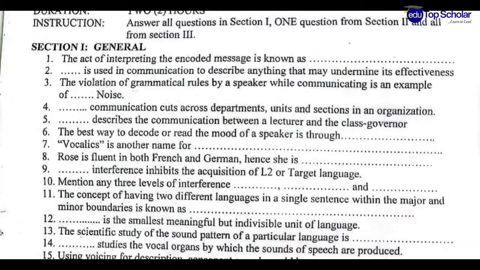Then number 11, the concept of having 2 different languages in a single sentence within the major and minor boundaries is known as code mixing. There are 2 concepts here: code mixing and code switching.